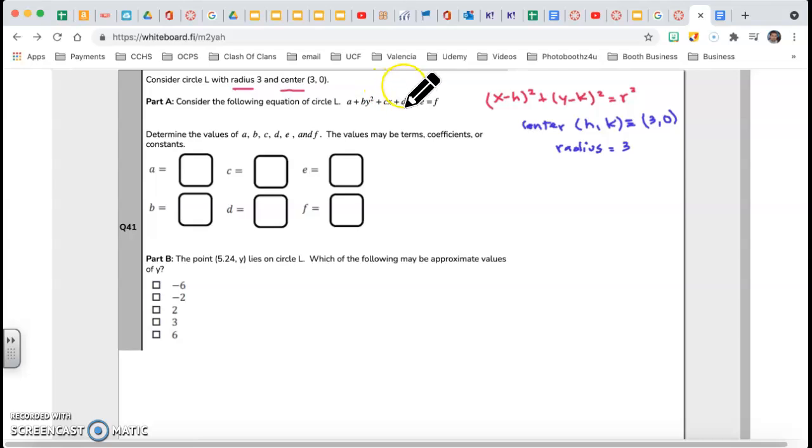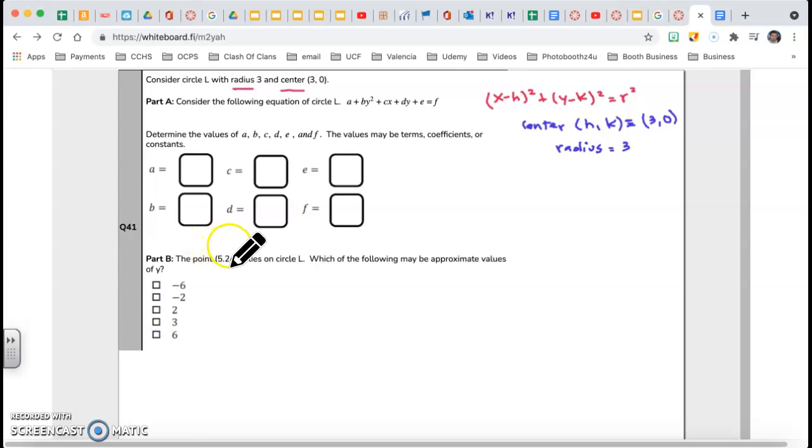Dy, D is a coefficient in front of a variable. E, constant, a number. F, a constant, a number. So the A could be a term. Term means something like x squared, a variable, maybe with an exponent or not. And here you put A, B, C, D, all those. All right, cool. That's the first question.